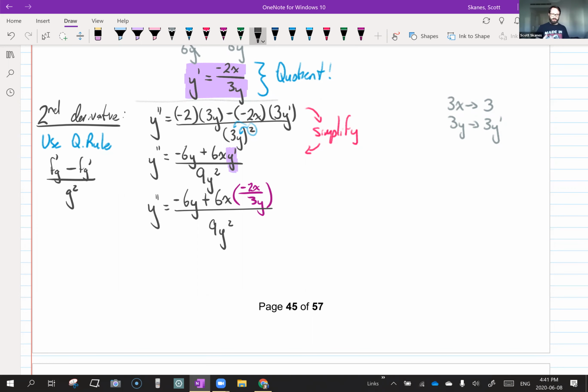All the black is just copying from earlier in the question. Direct substitution. I'm going to do a very simple simplifying. I'll substitute in y prime, simplify, and I'll be done.